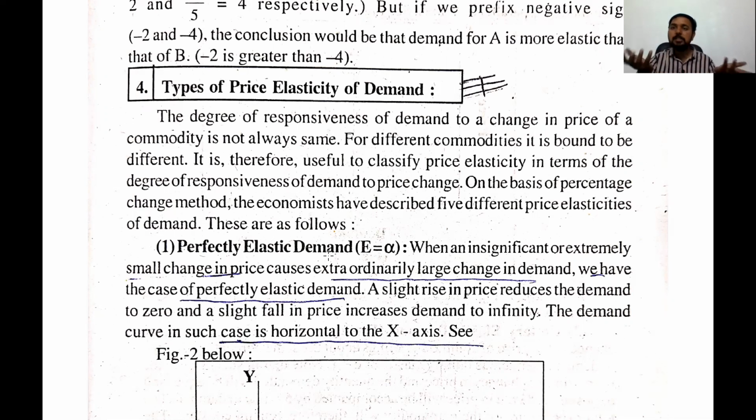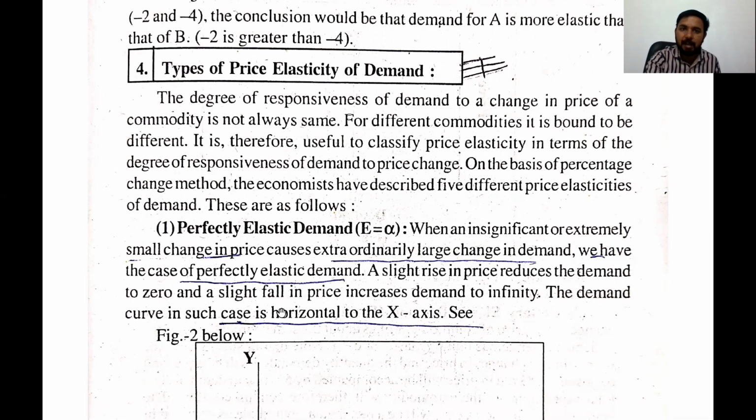So there are many such products which are not much affected by their prices. All products are not affected by the same rules or methods. So there are 5 different types of price elasticity of demand that we need to see one by one.